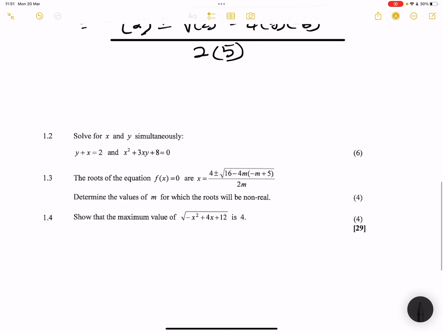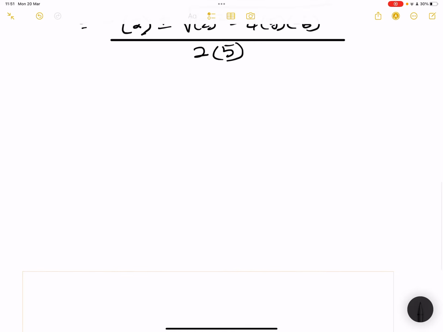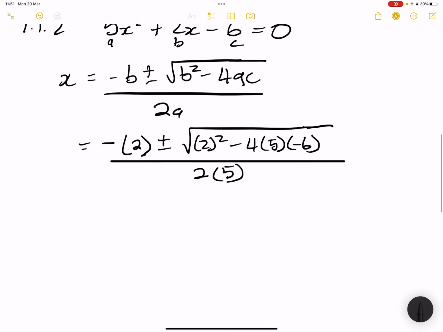Okay, so let me continue to just give some space there. All right, so that's negative 2 plus or minus. Now, if you look at this, that's 2 squared, which is 4. So that's negative times that negative, that gives us a positive. 4 times 5 times negative 6, that's 4 times 5, which is 20, times negative 6, that's 120, times that negative there, that gives us a positive 120 plus 4.